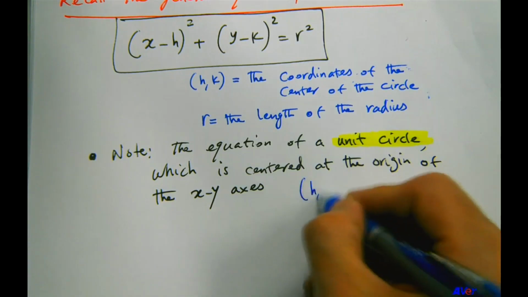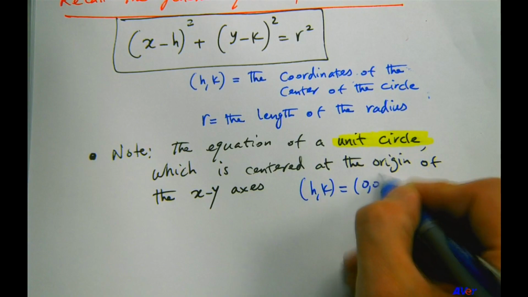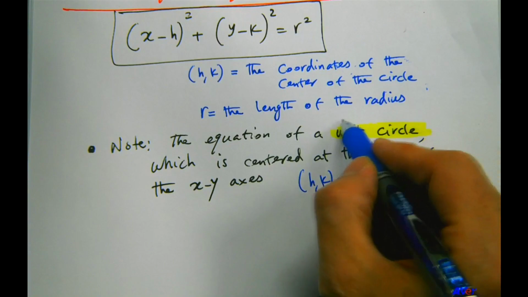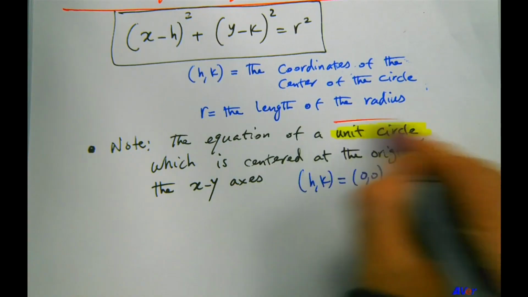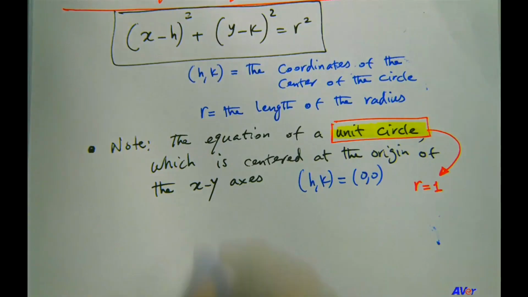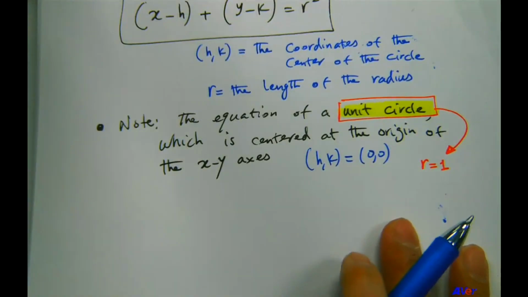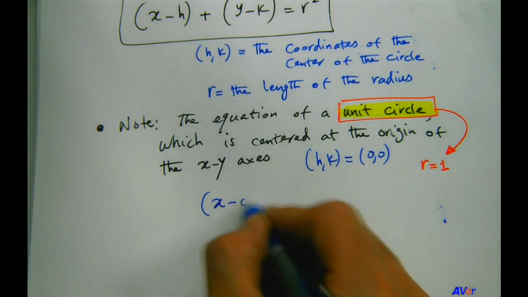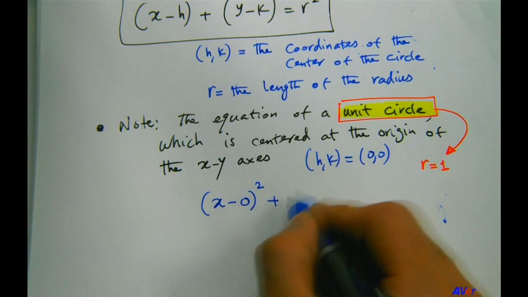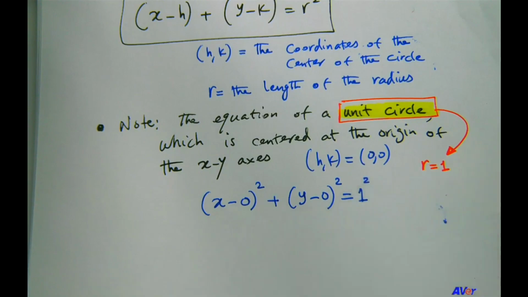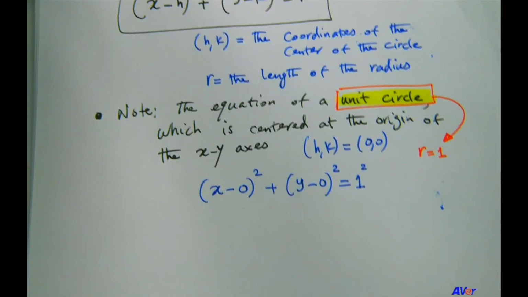So in that case, h comma k is equal to 0 comma 0, and because it's the unit circle, the radius is equal to 1 unit. Therefore, we can plug these values into the general equation of a circle. So we have (x minus 0) squared plus (y minus 0) squared equals 1 squared, the radius squared. So what do we get?